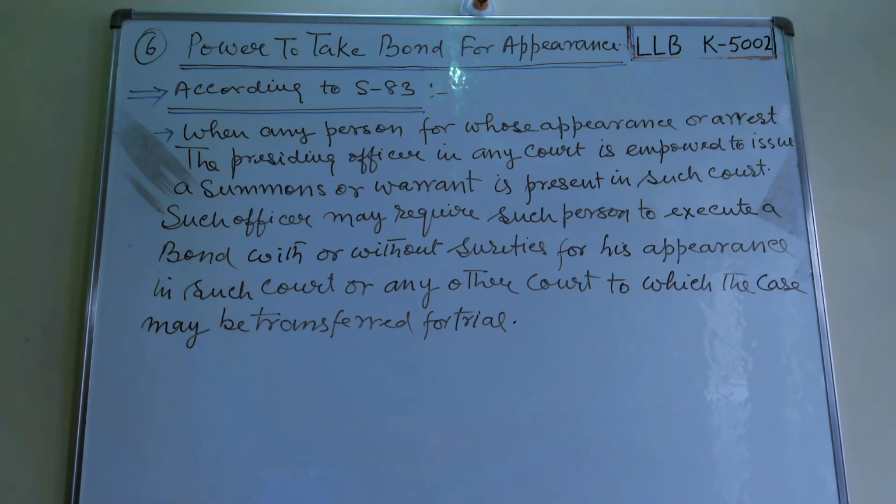According to section 83, when any person for whose appearance or arrest the presiding officer in any court is empowered to issue a summons or warrant is present in such court, such officer may require such person to execute a bond, with or without sureties, for his appearance in such court or any other court to which the case may be transferred for trial.